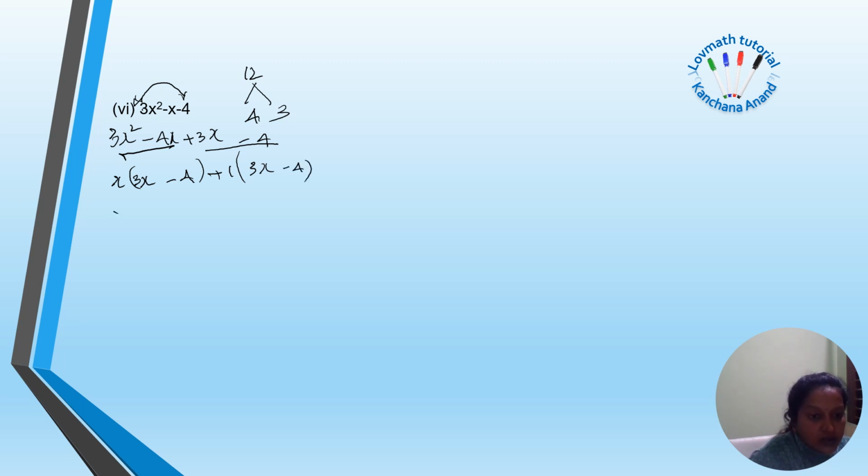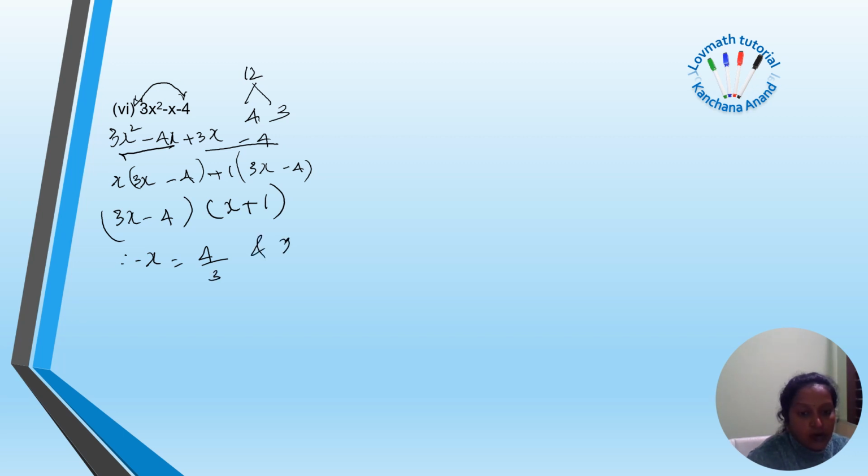Therefore the factors are 3x minus 4 and x plus 1. So therefore x is equal to 4 by 3 and x is equal to minus 1. Here alpha is equal to 4 by 3 and beta is equal to minus 1.